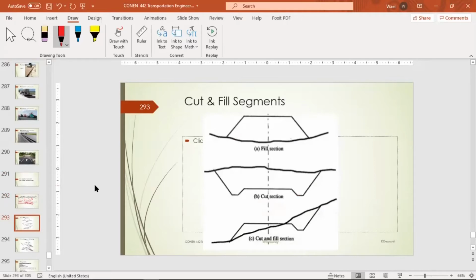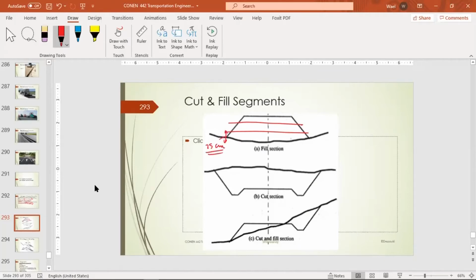So the cut and fill segments, you should be able to calculate the volumes for cut and fill clearly. And you can see here we have a fill section, we have a cut section. The fill section is one of the most challenging parts in highway construction. Why? Because you have to make this fill into layers, each layer almost 25 centimeters.